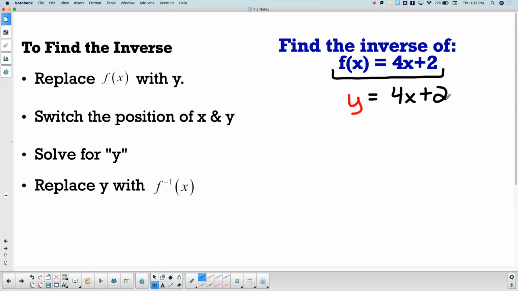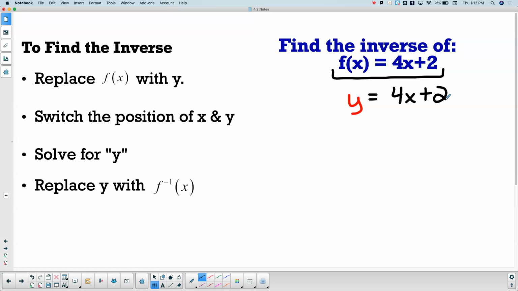Then what I'm going to do is flippity-flop my x and my y. Just the letters, not anything else attached to them, any exponents, anything like that. Just literally change the physical location of the letter x and the letter y.